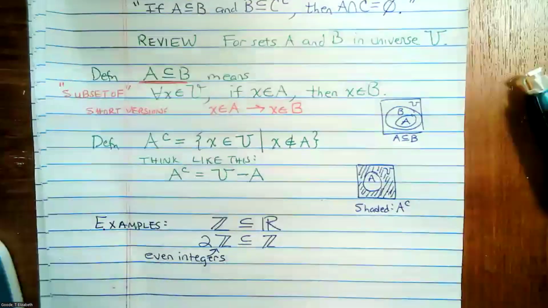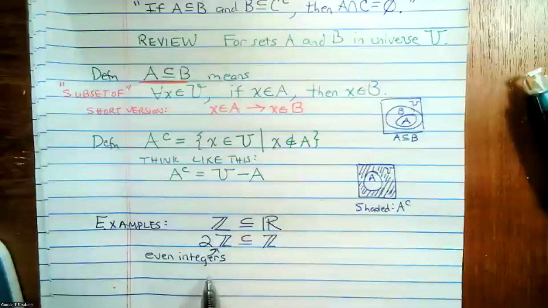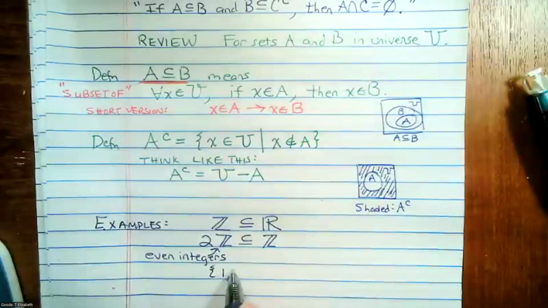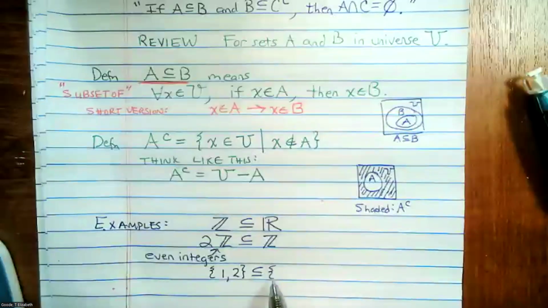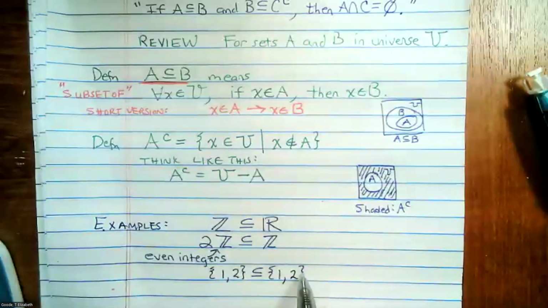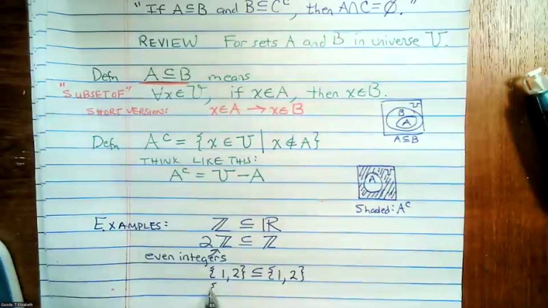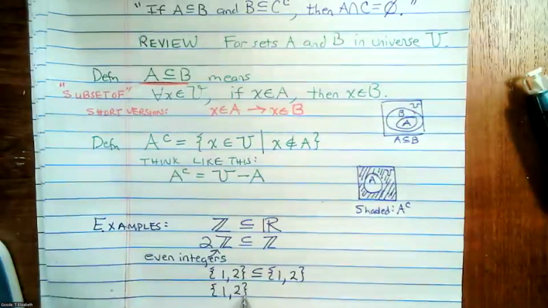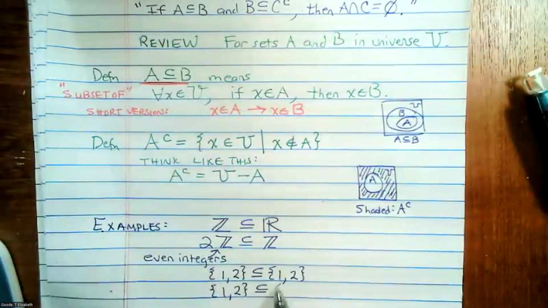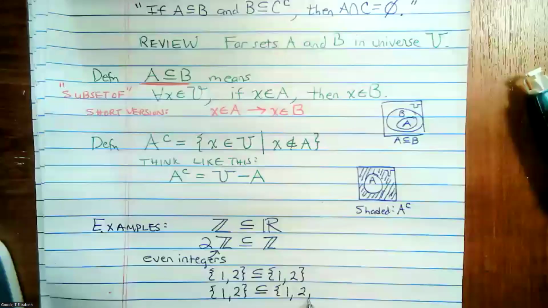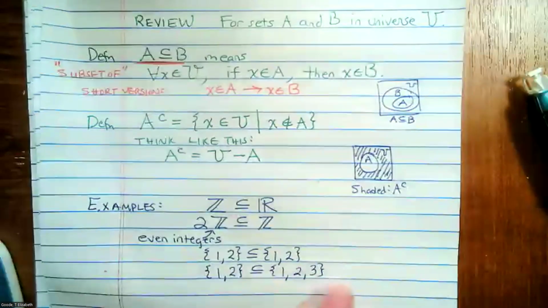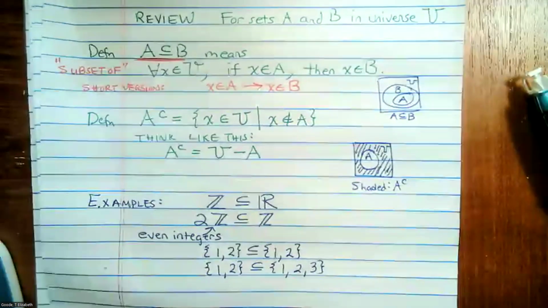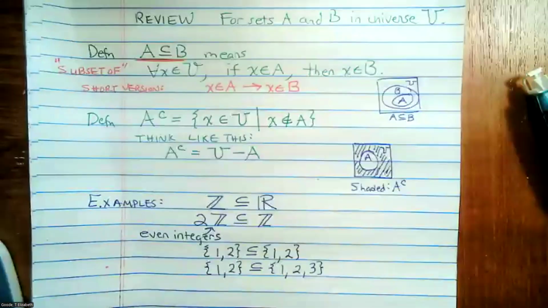Or if you wanted to play little finite games, the set containing 1 and 2 is a subset of the set containing 1 and 2, because every set is a subset of itself. Or you could go a little bigger with the superset. The set containing 1 and 2 is also a subset of the set that contains 1 and 2 and anything else, including 3. Okay?